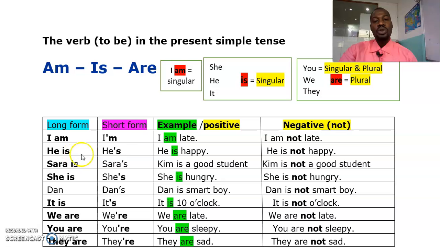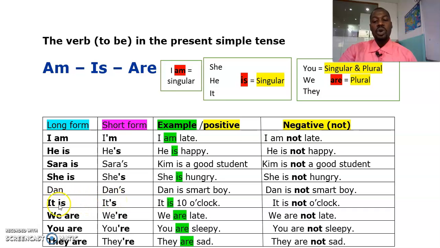He is, and so we also use it here, he's, because we remove the I and put an apostrophe to make a short form. And instead of he is, it becomes he's. So look here, it is. And in the short form, it's.